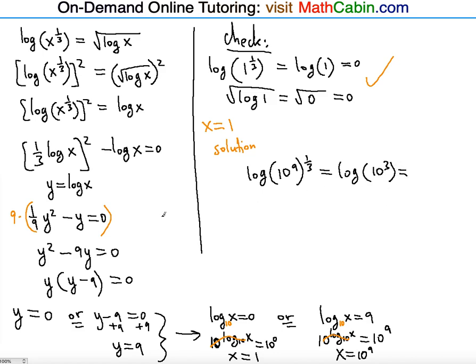Notice that now, the same way that we had 1/3 coming down as the coefficient of the log here, we're going to do the same thing. The 3 will go down and will multiply with log 10. 3 log 10. Now remember, log 10 is such that the base is hidden as 10. It's automatically assumed that if there's nothing written in there, the base of that log is going to be 10. And that means that when you have the same base and input, the result will be equal to 1.